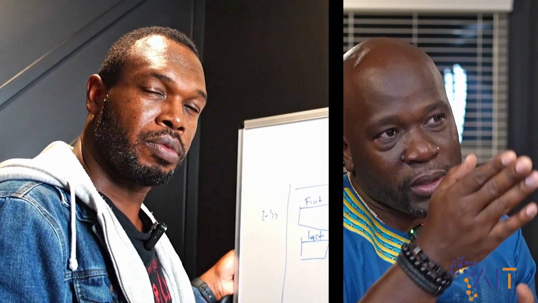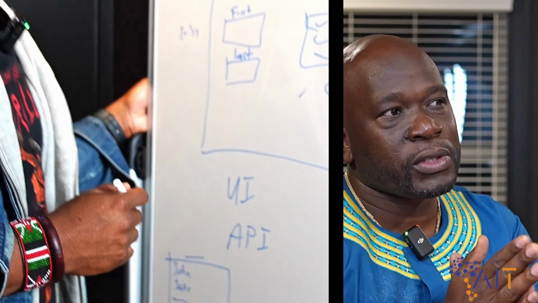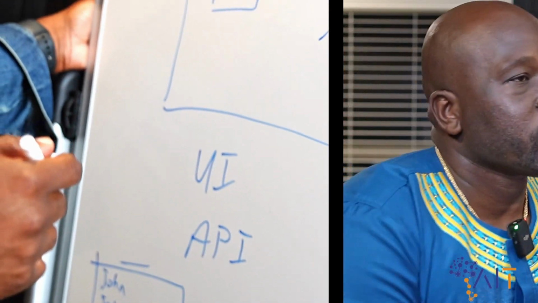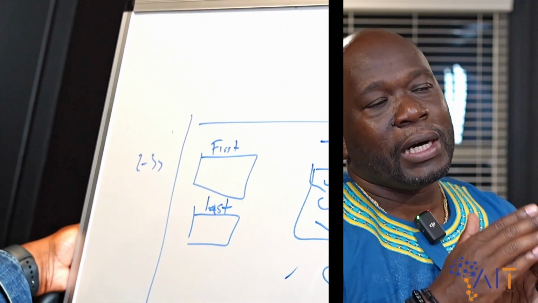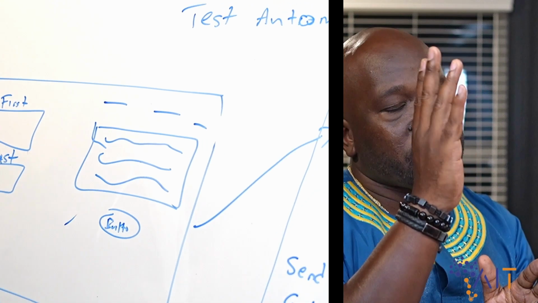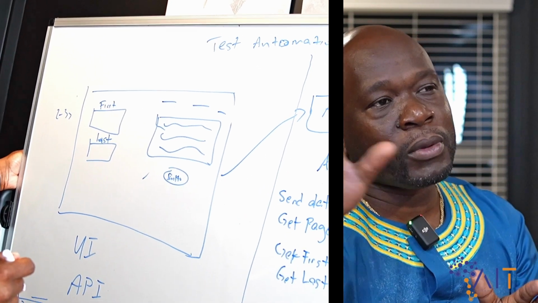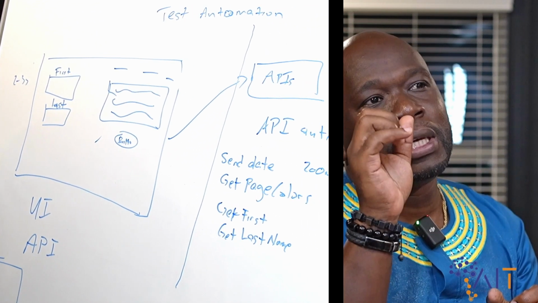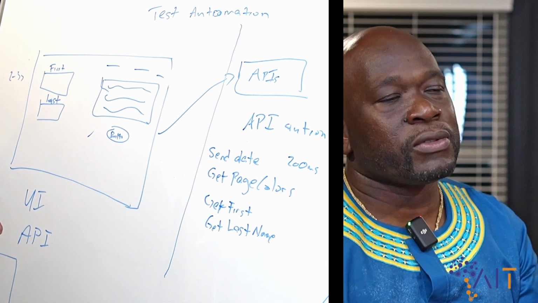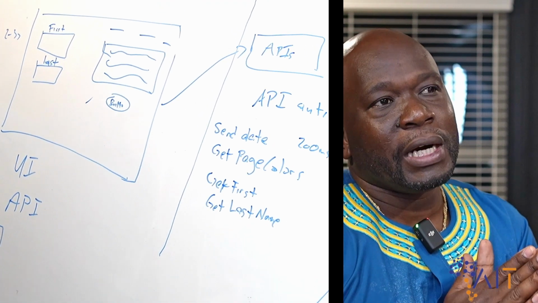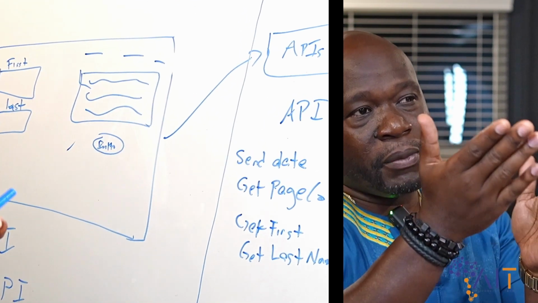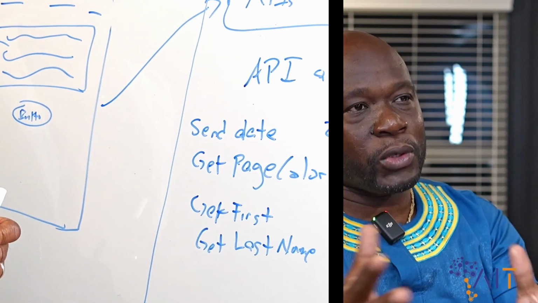And then API automation is much faster. You mentioned 200 milliseconds versus the 2 to 3 second gap that you'll see with the UI piece. From there, you have a bunch of different API endpoints that you may want to call, and it's going to do certain actions, whether get, post, or whatever it may be. And from that standpoint, you get your base of what you're trying to test.